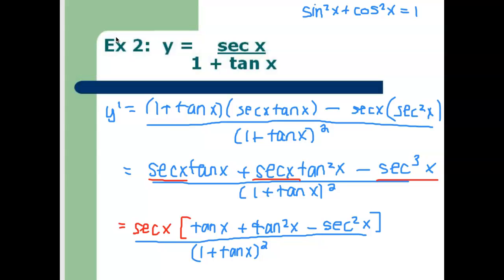Well, tangent squared x plus 1 is equal to secant squared x.